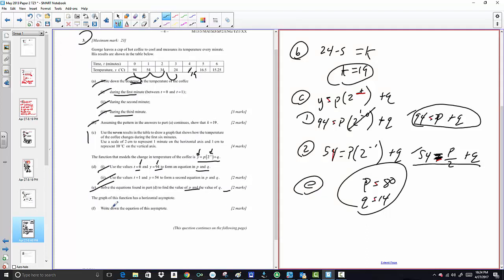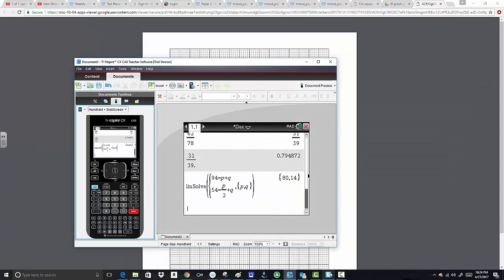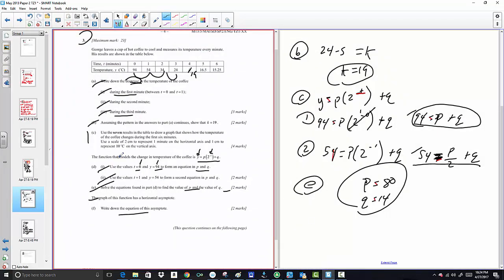The graph of this function has a horizontal asymptote. You don't say. Write down the equation of this asymptote. Okay, let's go back and look at that one. As it turns out, we can find that because if t gets sufficiently large, then we're going to have a number under p that's getting really, really big.